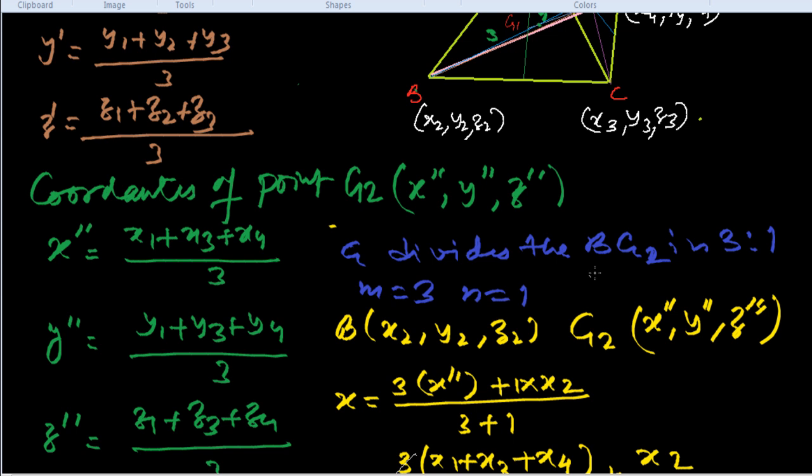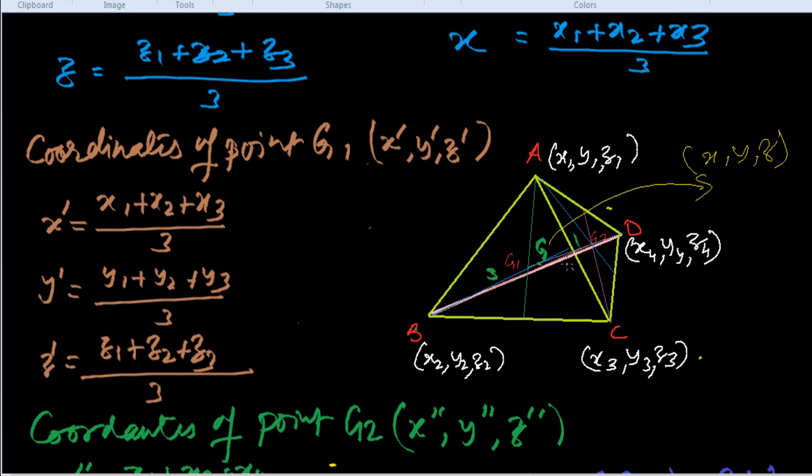And G divides BG2 in a 3:1 ratio. G is the centroid where the lines from vertex B to G2 and from vertex D to G1 meet each other in space.